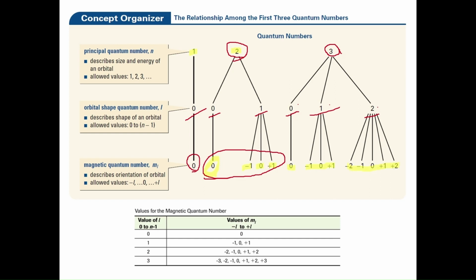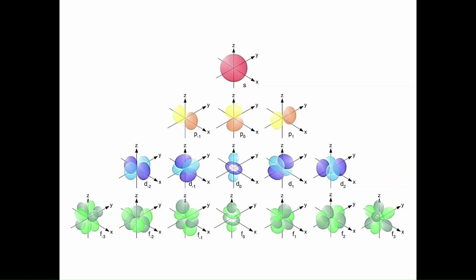Remember, ML spans from -L to +L. And so because L is equal to 2 here, you can have 5 specific d orbitals. This image shows the 4 main orbital types: S for sharp, P for principal, D for diffuse, and F for fundamental.